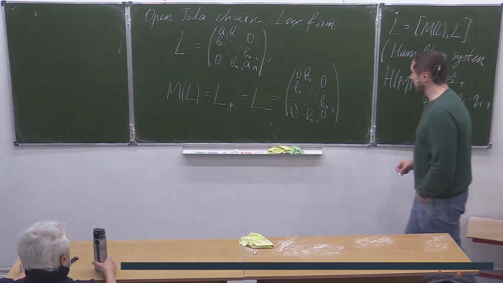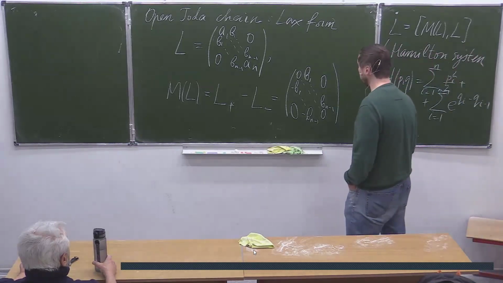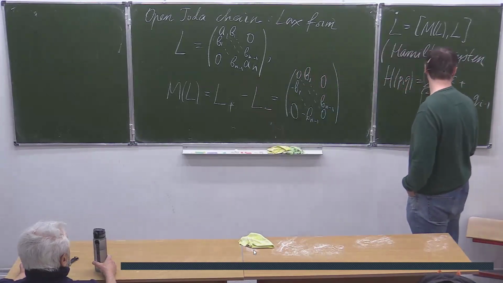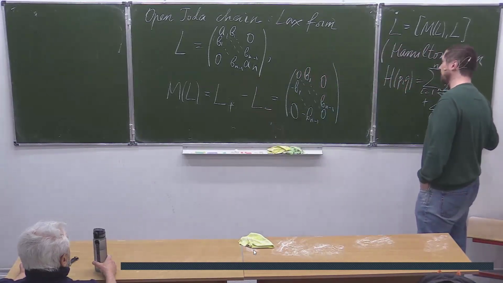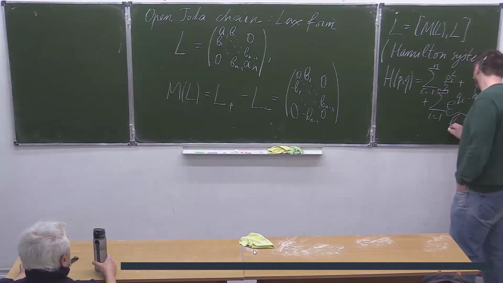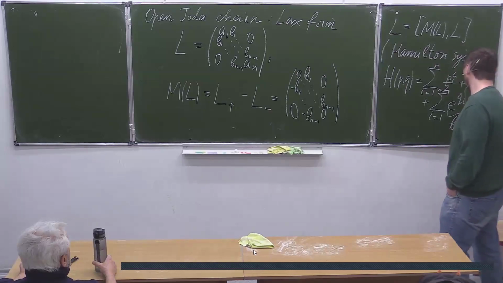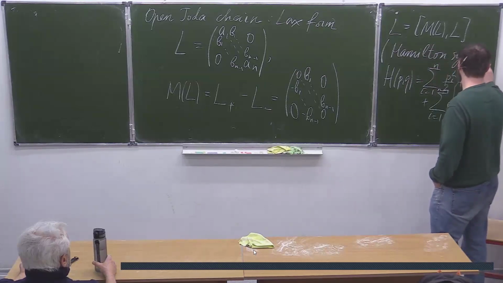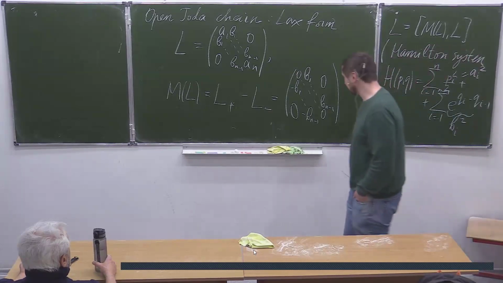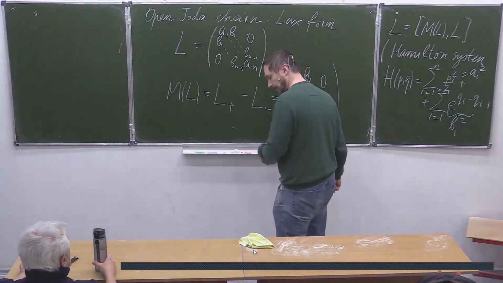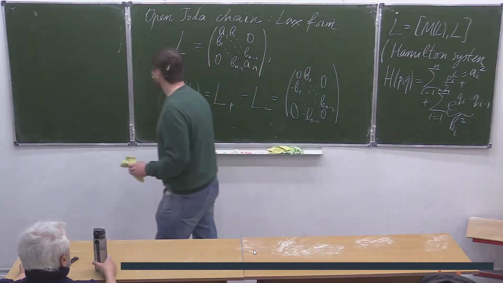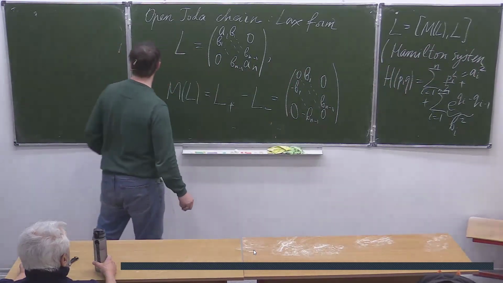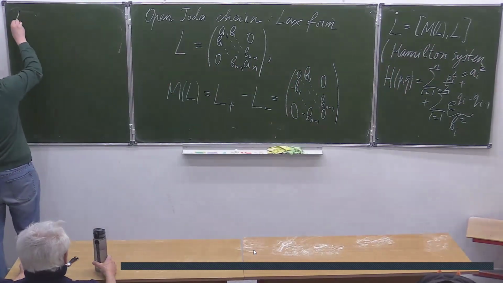And the coordinate change which gives us this kind of system is prescribed more or less by the condition that this should be squares of B, and this should be squares of A. The Hamiltonian in that case translates into the trace of the square of L.